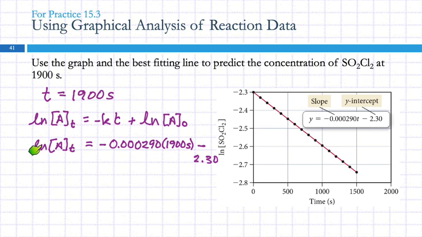So here we have the variable on the left side and all the numbers on the right side, and so we can just solve this. Negative 0.000290 times 1900 minus 2.3.